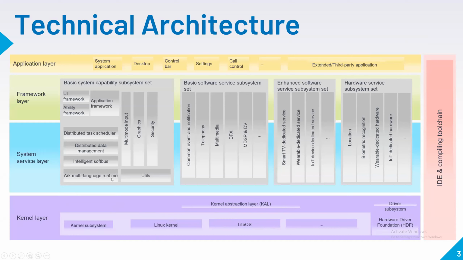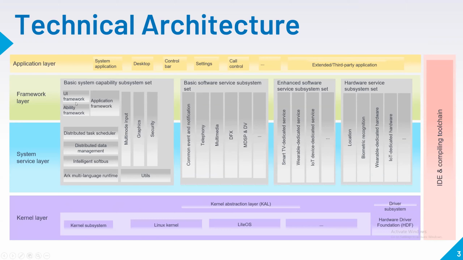And in this case, we need a distributed management system, multimedia, multi-input graphics, common event management, but we might not need telephony. Telephony is basically used for calls, SIM-related inquiry.